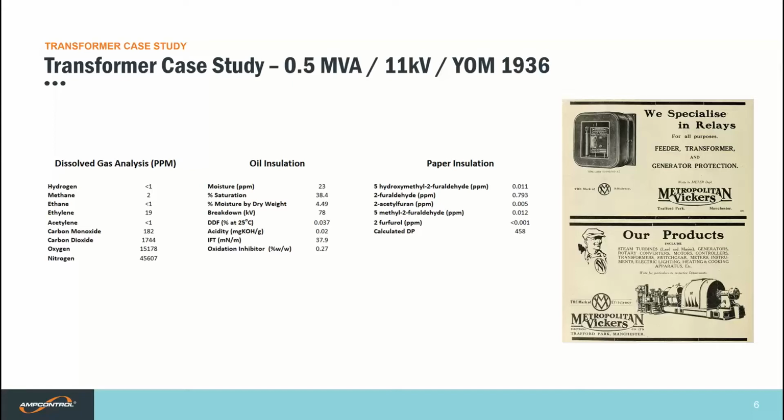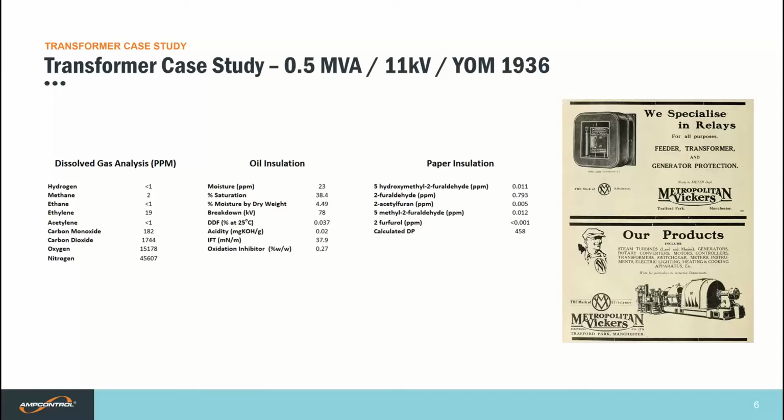The absolute parts per million moisture levels in the oil are within acceptable levels, according to IEC 60422. They're not low. The percent saturation is approximately 38%, and above 30%, the condition of the cellulose insulation may be extremely wet. And this guidance comes to us from IEC 60422.